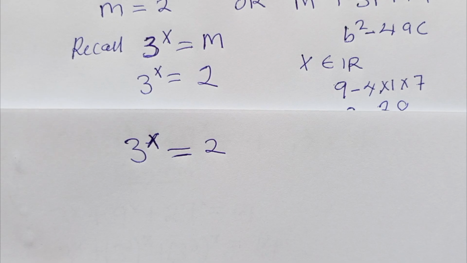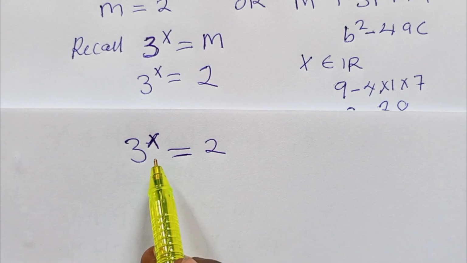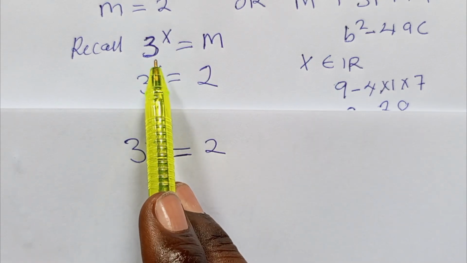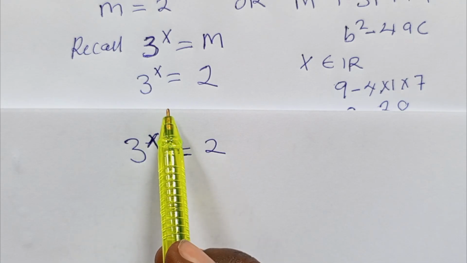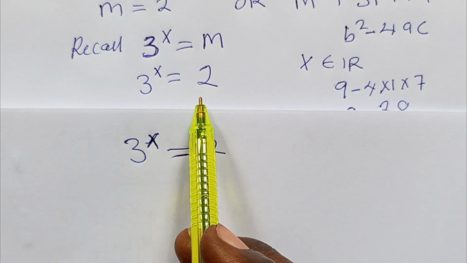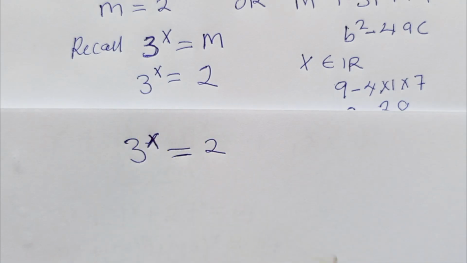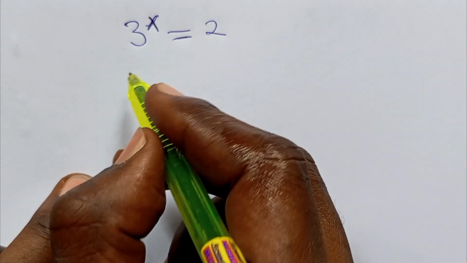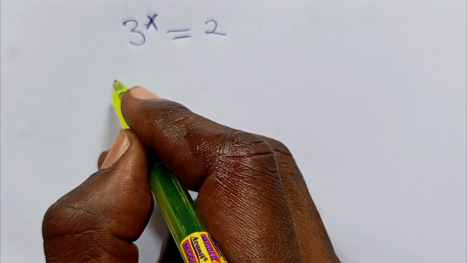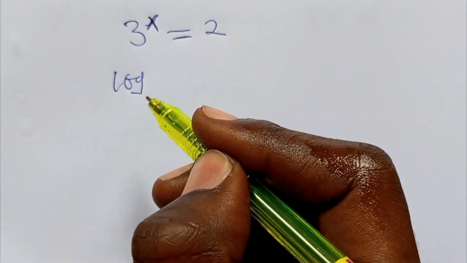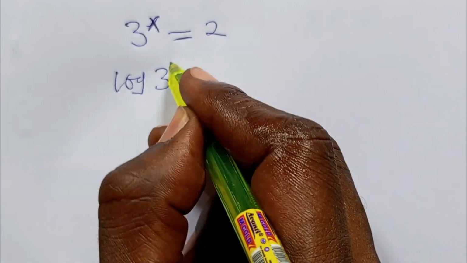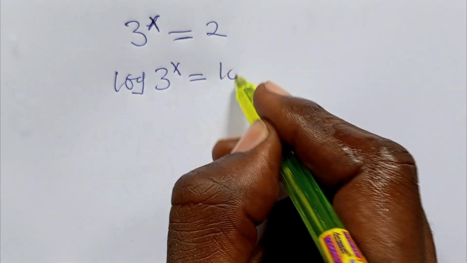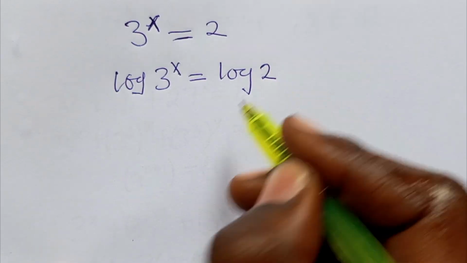Since we have our m, we'll substitute it back to what we let it be before. So we have 3 to the power of x equal to 2. So let's solve for x. Now, solving for x, we can apply log on both sides.